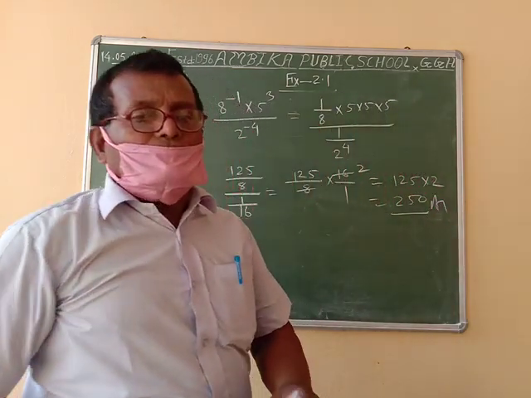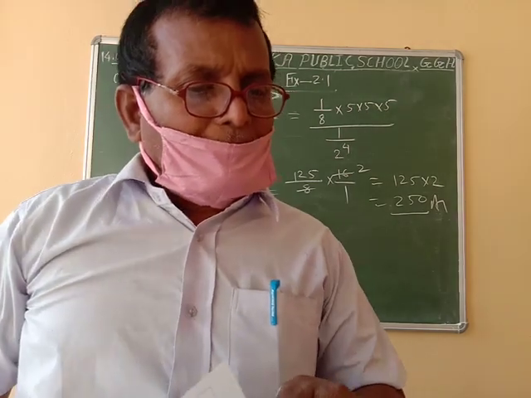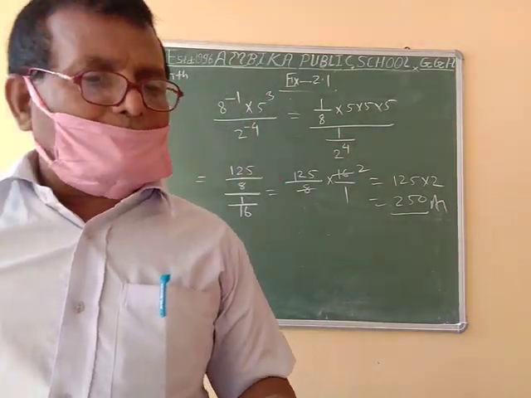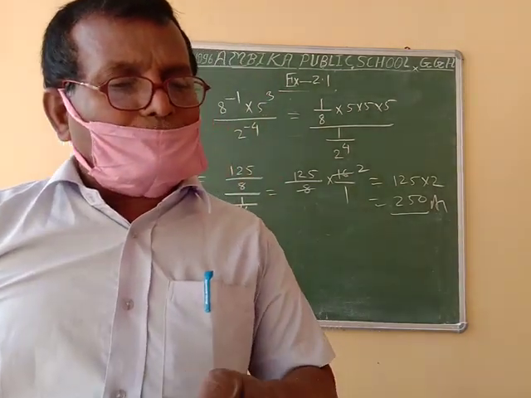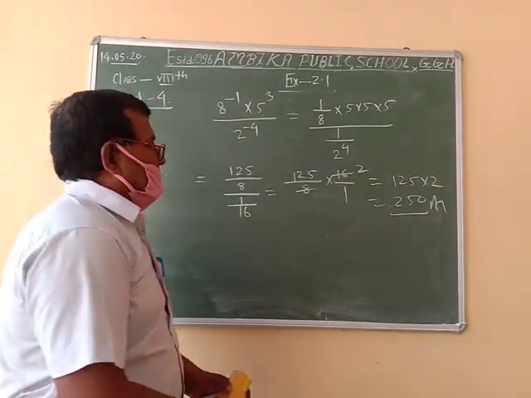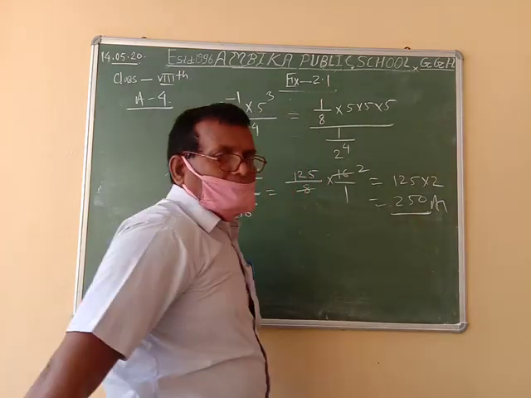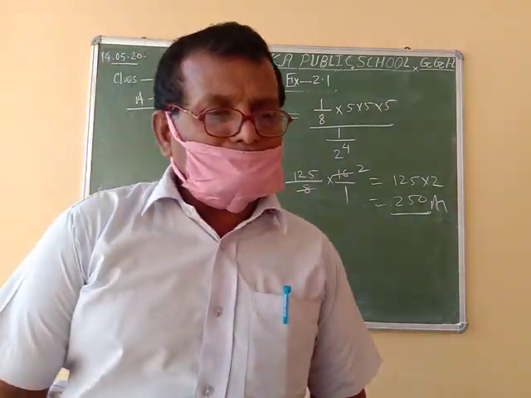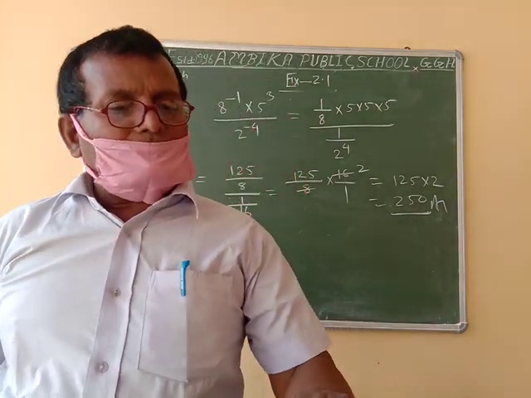Answer. So the value of 8 to the power minus 1 into 5 to the power 3 by 2 to the power minus 4 is equal to 250. Similarly, you will solve the questions and try to solve all the questions.